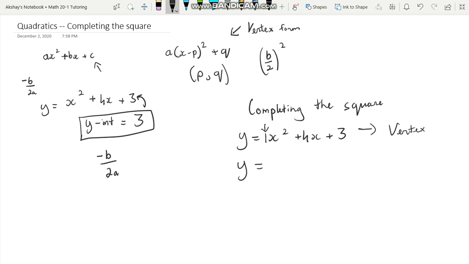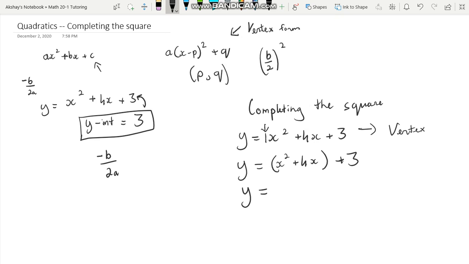So that's good. The next thing we would do is group our terms. So in completing the square, I like to group my first two terms together, which have the value of x in them, and I would like to leave my constant outside my brackets.